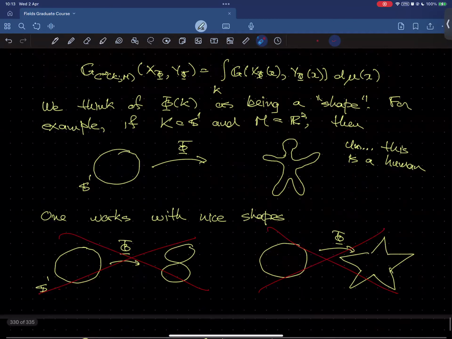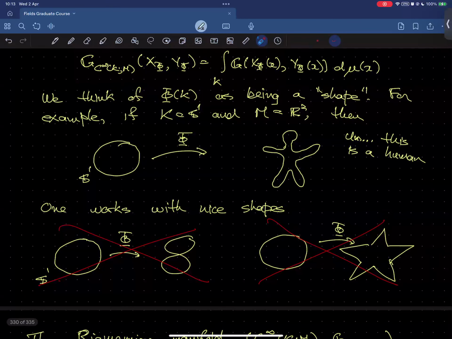All right, so what do people care about in shape analysis? Well, you have your K, and you think of phi of K as being a shape, right? And so as I change phi, the image of K under phi will change, and you can think of that as being change of shape.